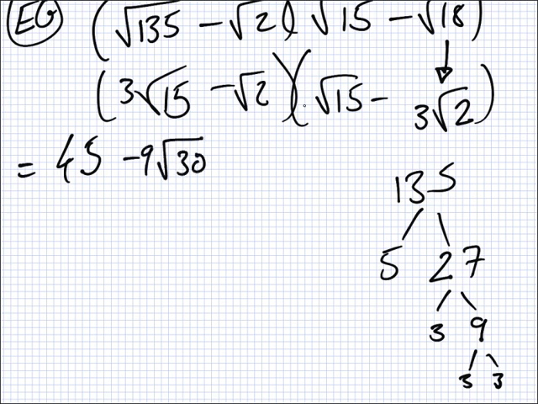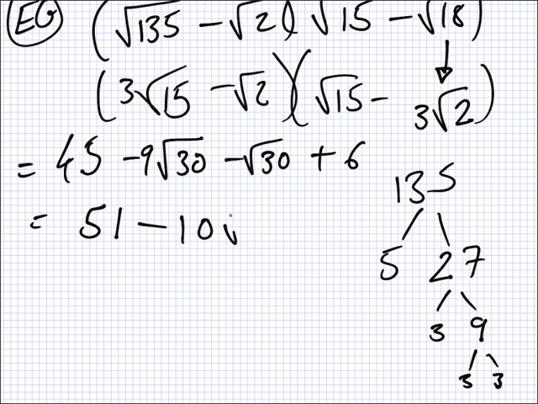And then finally root 2 times root 2 is 2, with the 3 makes 6. So this ends up being 51 minus 10 root 30. Can we do anything with 30? No.